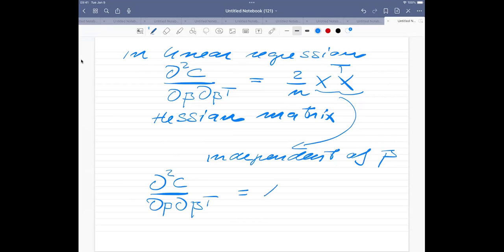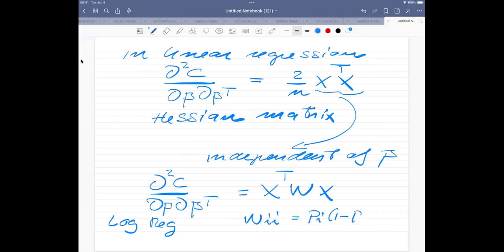But you can show that this one is now given for logistic regression by X transposed W X, where this W, the diagonal matrix elements, are given by p_i times (1 minus p_i), and the non-diagonal elements, when i is different from j, are equal to 0.